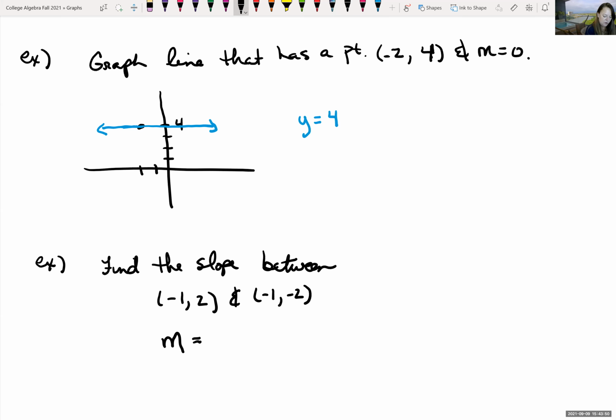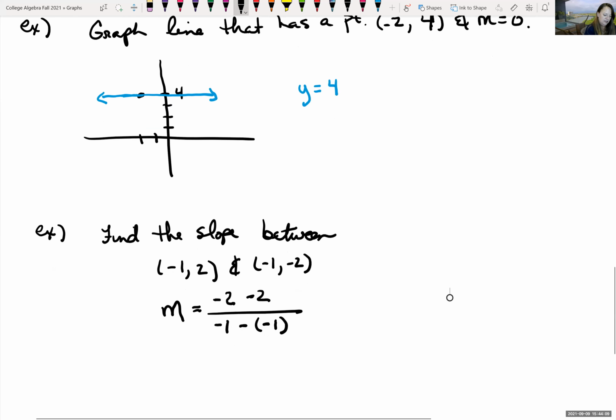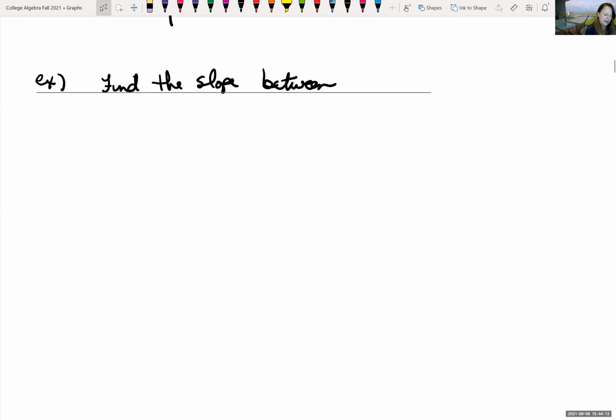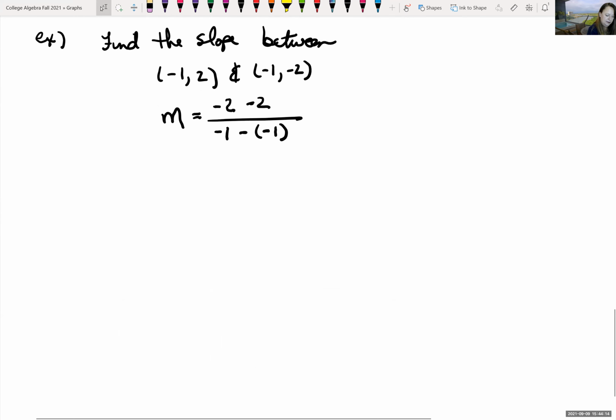If I use my second point that I wrote out, so -2 minus the other y value, which is 2, all over my x value, -1 minus -1. So this gives us back -4 all over -1 plus 1, which is 0.